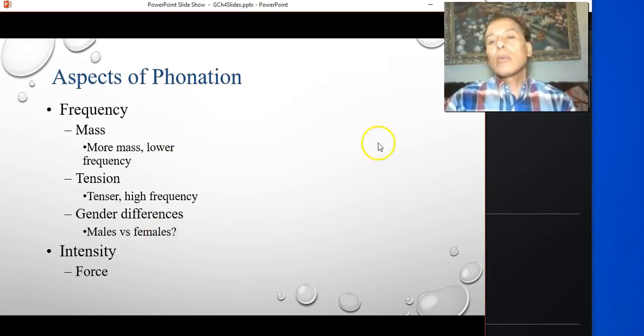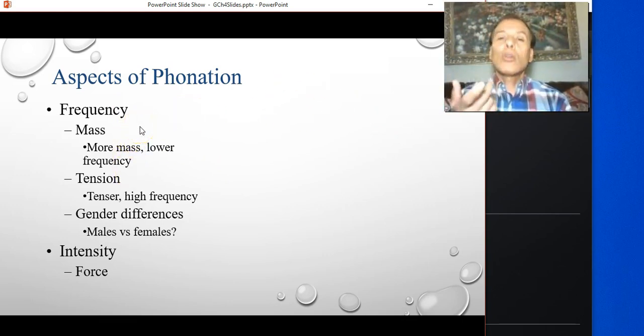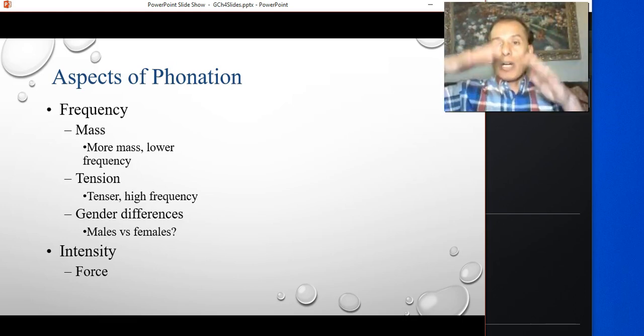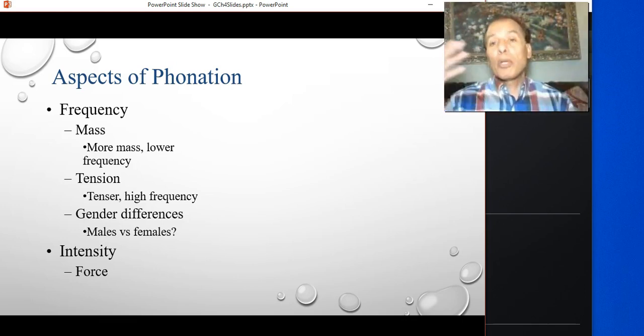So when we study different aspects of phonation, we look at the frequency of the voice, or the pitch of the voice. Pitch is determined by the thickness of your vocal folds, by the length of your vocal folds. For example, a man's vocal fold is massive, has a lot of muscle in it, and it's big. That makes it vibrate more slowly compared to that of a child, compared to that of a female.